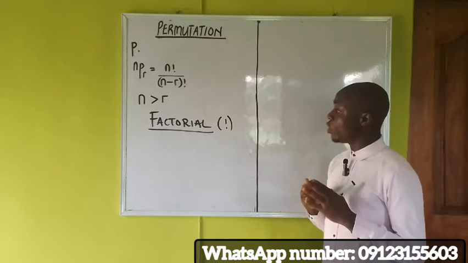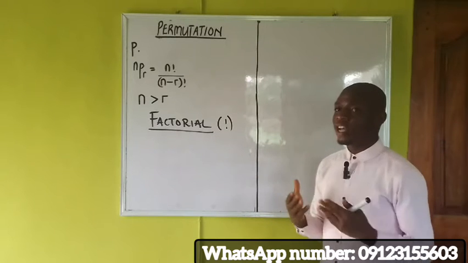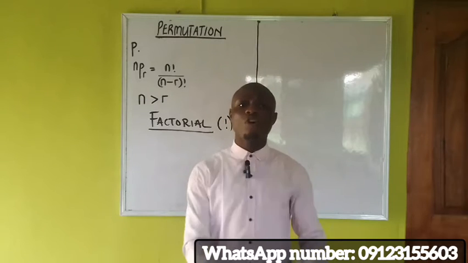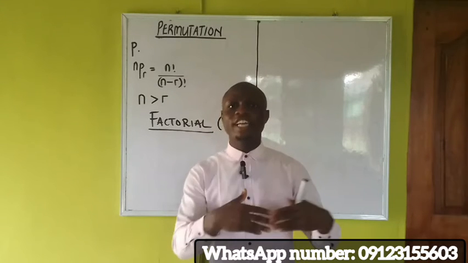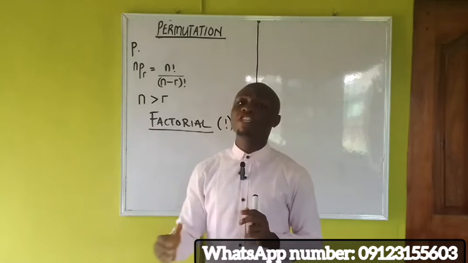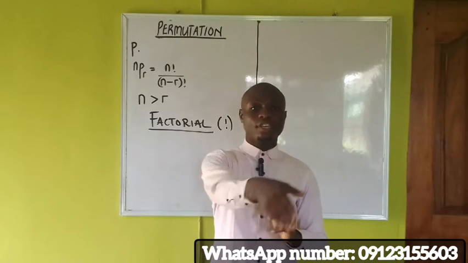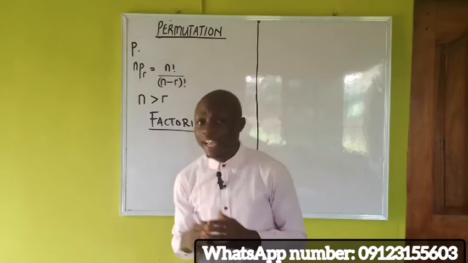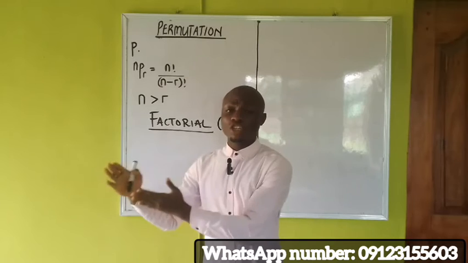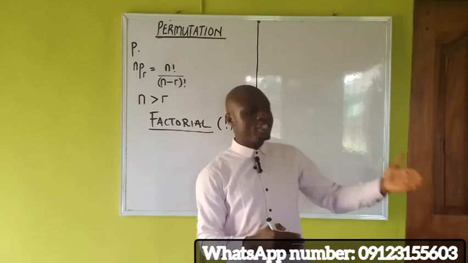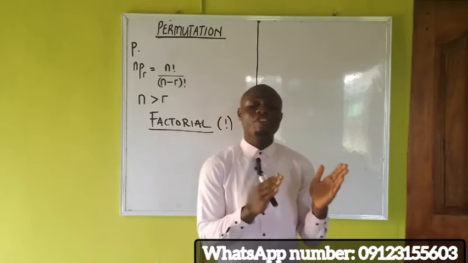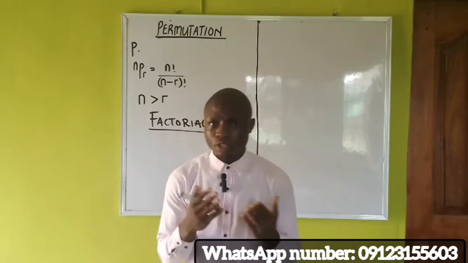A factorial is simply the multiplication of consecutive terms in descending order such that each term differs from the previous by 1 until 1.